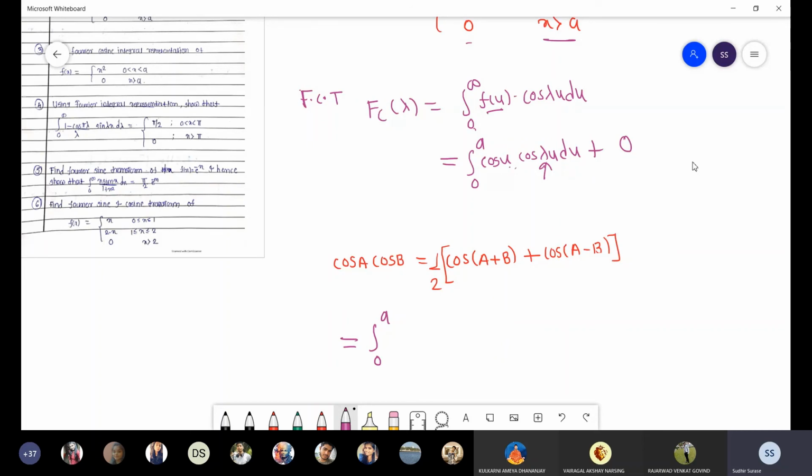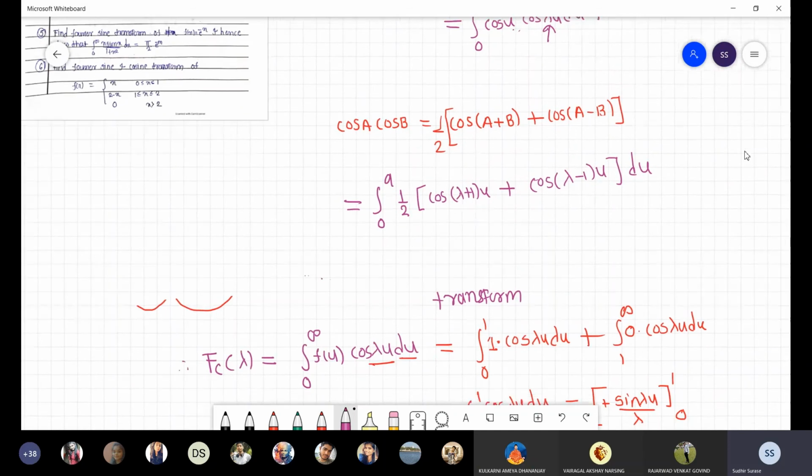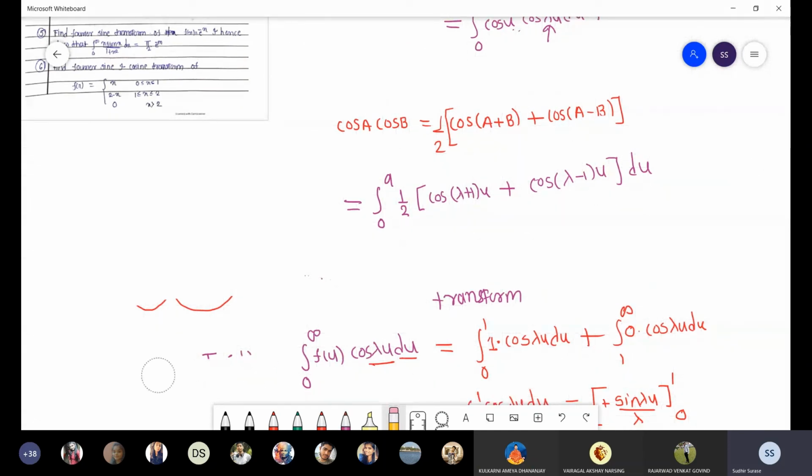According to this formula we have integral 0 to a of 1 by 2 times cos(a plus b), meaning cos of lambda plus 1 times u, plus cos(a minus b), meaning cos of lambda minus 1 times u, du. So using this formula we separate out the cos terms, and now we can apply integration.